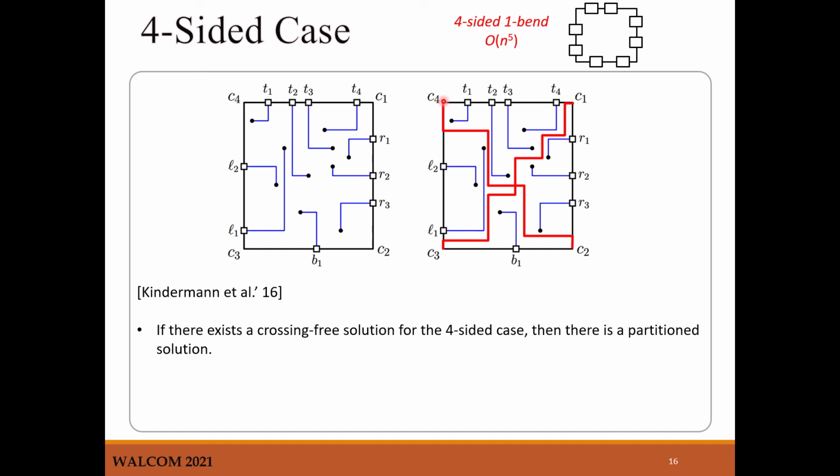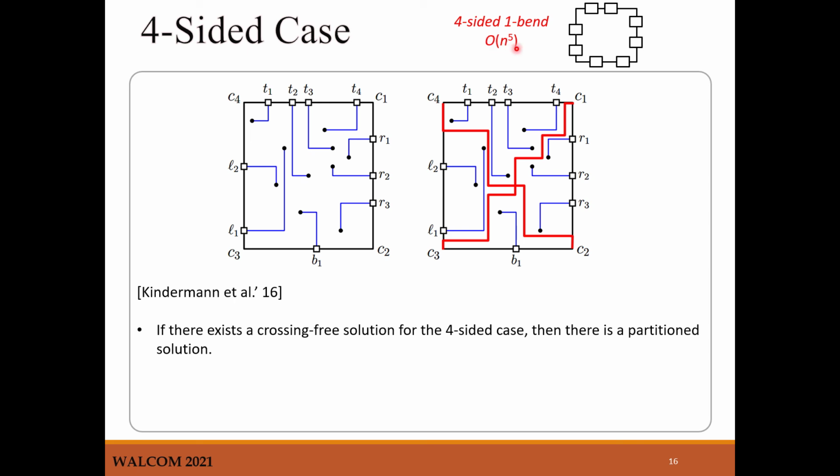You can find an xy-monotone orthogonal polyline that goes from one corner of the rectangle to the other corner, and you can also find another one that is a minus x minus y monotone polygonal chain that connects the other two corners of the rectangle, and you do not have any crossing with these partitioning lines and the leaders.